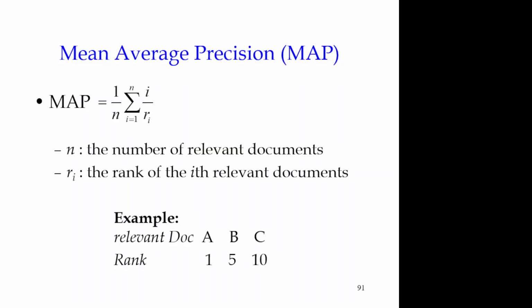It's 0.56, because you consider the documents' ranks together. Okay, any problems? So it's called MAP. It's very widely used in many information retrieval tests.